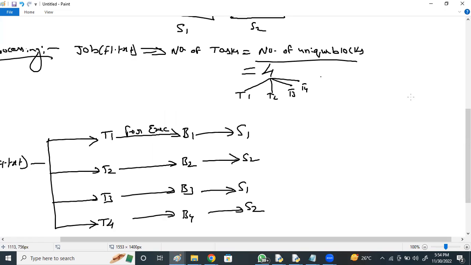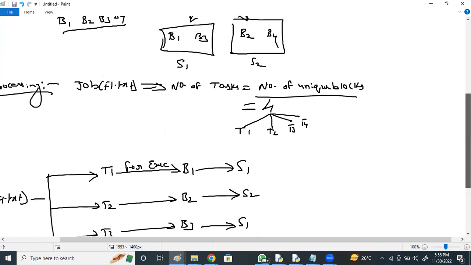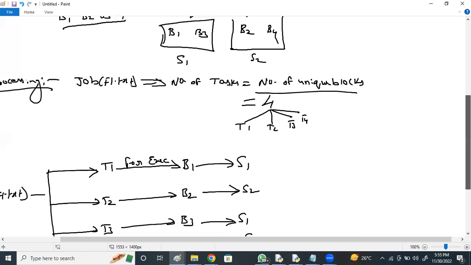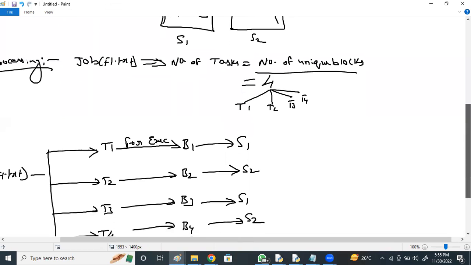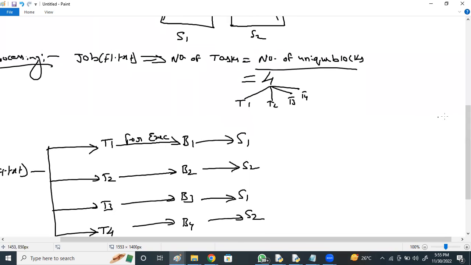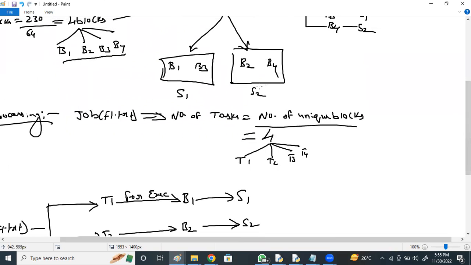Just now you gave the example of task distribution: S1, S2, S1, S2, which means here only two systems are available. If four blocks and four systems are available, then four blocks go to four slaves. But if four slaves are not available, what will you do? Two blocks in one, two blocks in one.